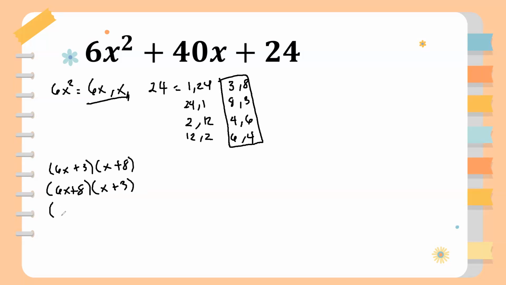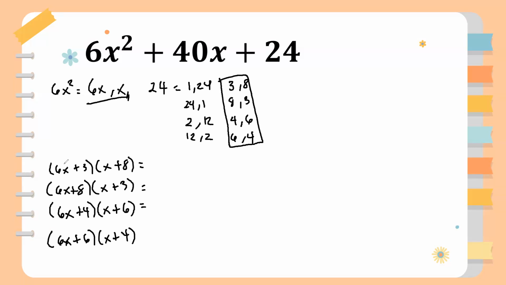And then 6x plus 4 times the quantity of x plus 4. And then 6x plus 6 pala. Then 6x plus 6 times the quantity of x plus 4. Right? So, itry muna natin itong pinakauna.